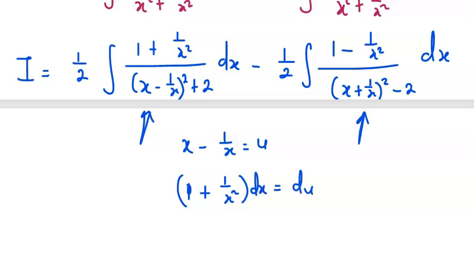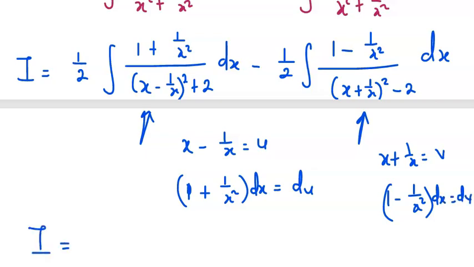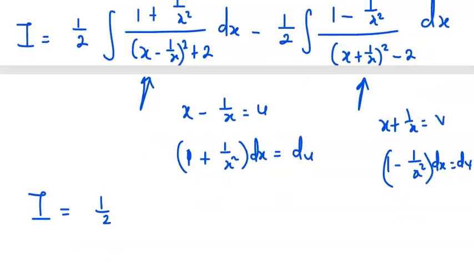And for this part here, we're going to let x plus 1 over x equals v. Differentiating both sides, we get 1 minus 1 over x squared, as we can see at the numerator, is equal to dv. Therefore, our I is going to be equal to 1 over 2 times the integral, so we have du up here, then divided by u squared, and then plus 2.